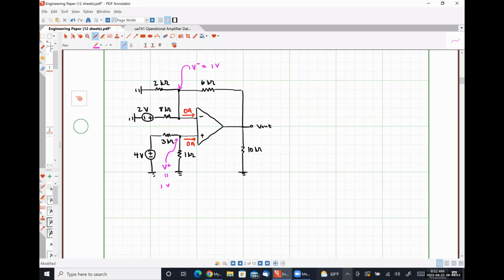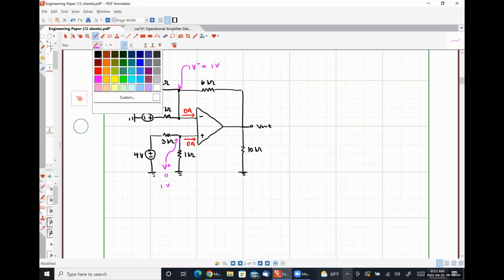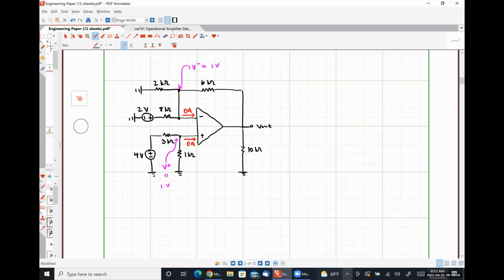All right, so now we're at step 3, where we simply apply Kirchhoff's current law at the inverting input terminal node to solve for V out. So to be clear, that's going to be this current plus this current plus this current plus this current, add them together and make 0.